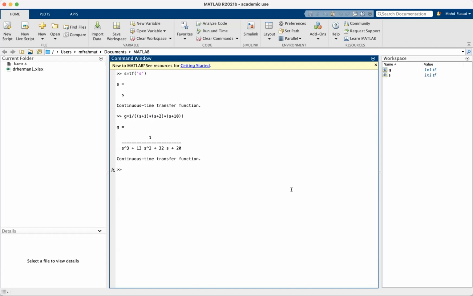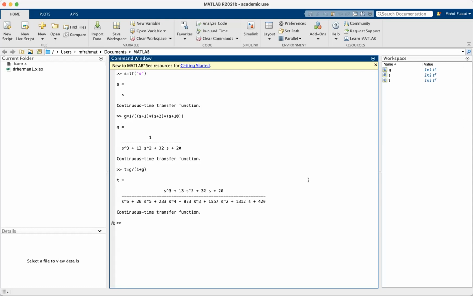And then we find the closed loop, which is T. Since the block diagram feedback is unity feedback, T is equal to G over 1 plus G. That is how we obtain the closed loop transfer function using MATLAB. G is the open loop transfer function.